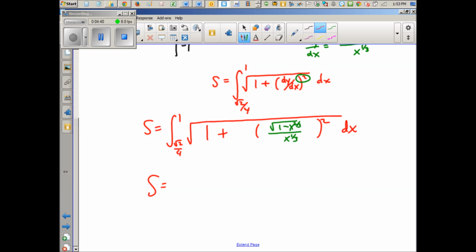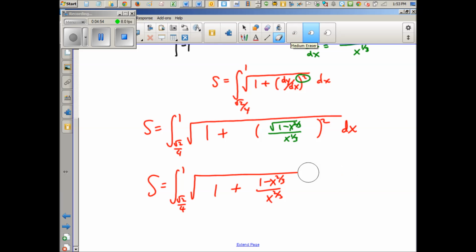Now squaring this just removes the radical on top, of course, and makes this x to the 2/3 on the bottom. And this can be separated into two fractions, x to the negative 2/3 and 1.